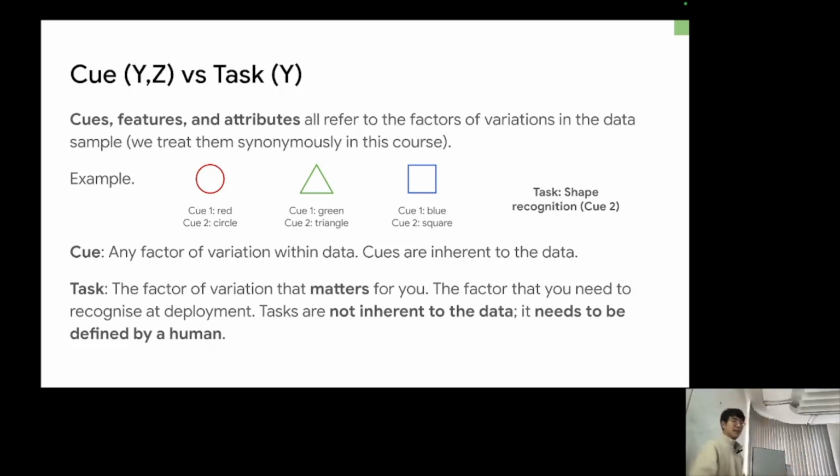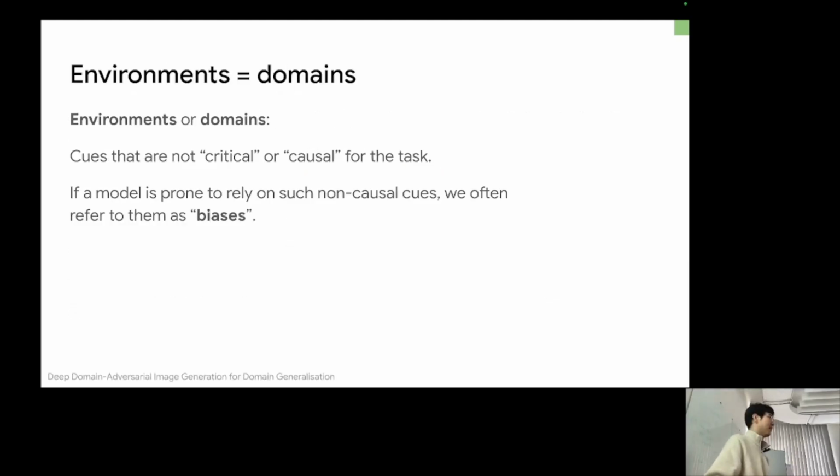A task is something defined by humans, whereas a cue is something that is already there. If you just have this input space, you never know whether a human will like to see color more or shape more. So someone has to come in and say, I want to recognize shape in this case, to make that into the task.